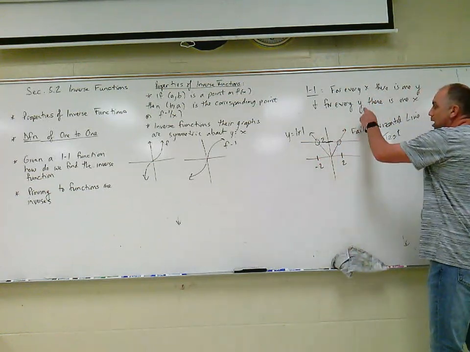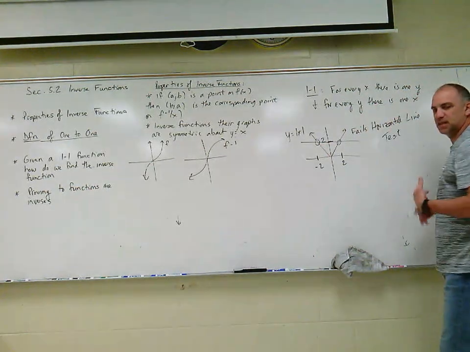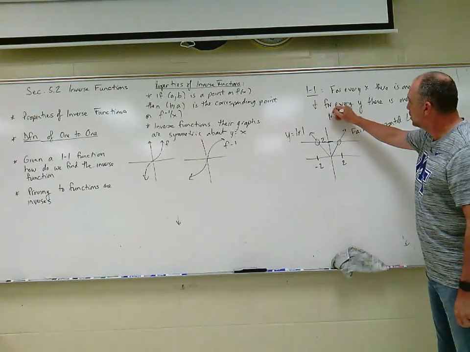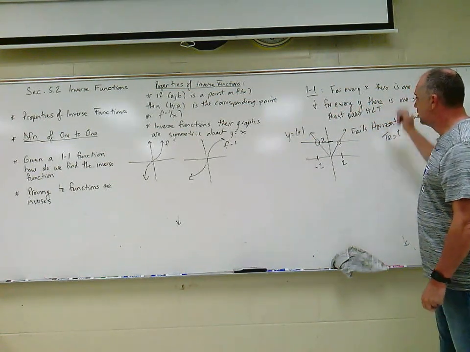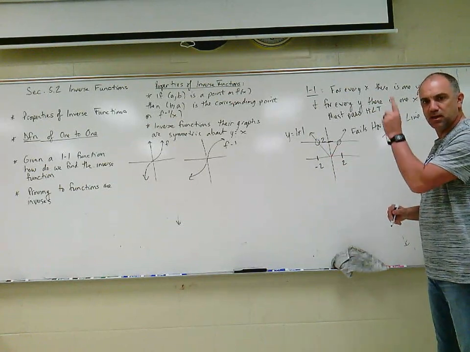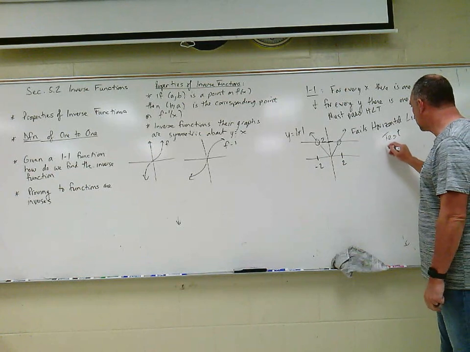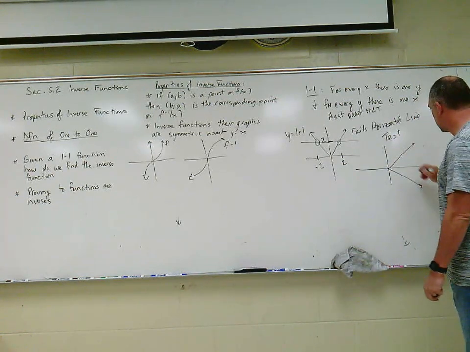So for every y, in this case the y value 2, there could only be one x. Easiest way to say that is it must pass the horizontal line test, HLT. Means if I draw a horizontal line, it can only intersect once. Okay? And if we wanted to see what the inverse would look like, the inverse is this. This is the inverse graph.